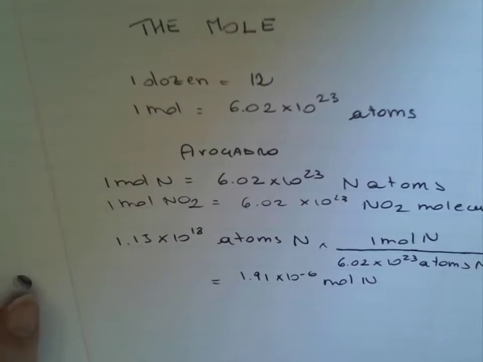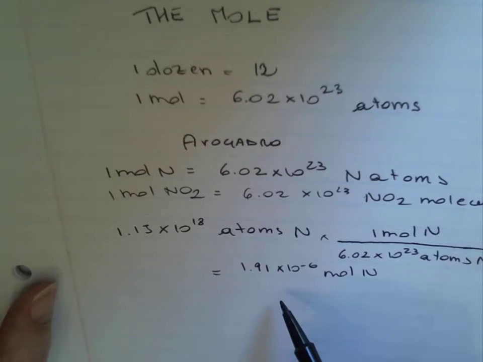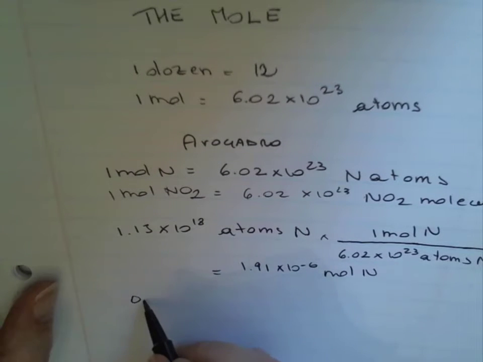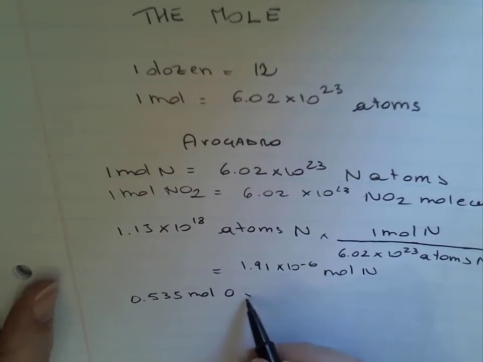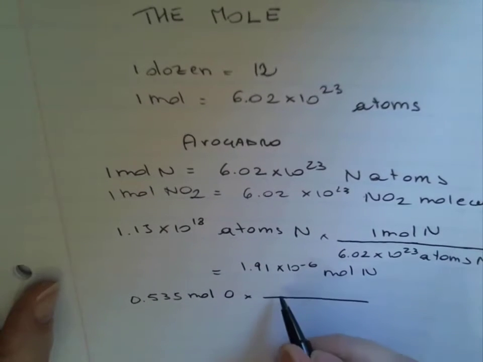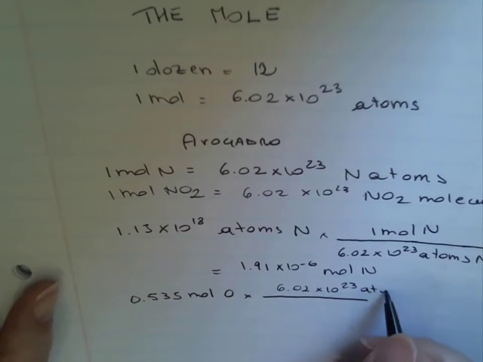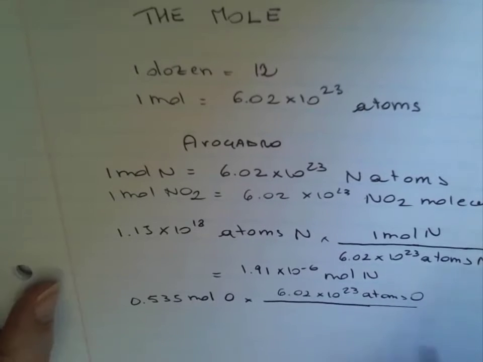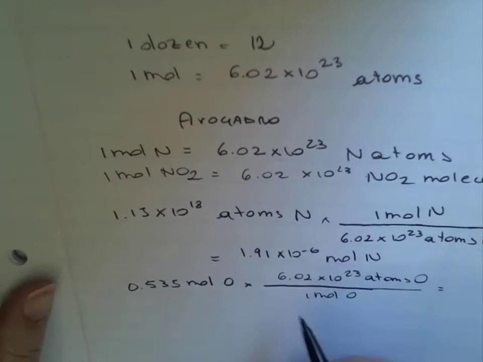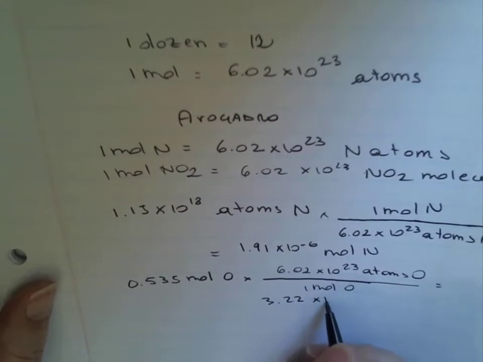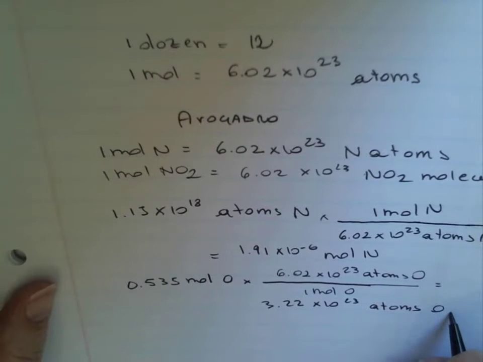Or if we know how many moles we have, we can calculate how many atoms we have. Say, for example, we have 0.535 mole of oxygen. We can then multiply this by 6.022 times 10 to the 23 atoms of oxygen divided by 1 mole of oxygen, and that will give us 3.22 times 10 to the 23 atoms of oxygen.